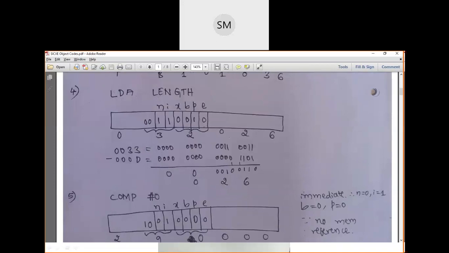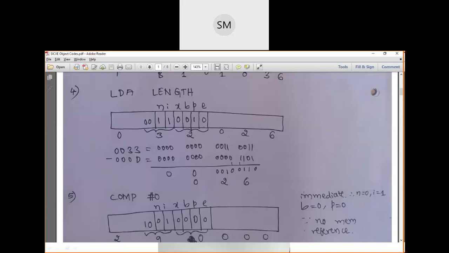Find out the LDA opcode, which is 00, and I have written it here. And the n, i, x, b, p, e bits you should fix here. So n is 1, i is also 1, then x is 0, b is also 0, p is 1, e is 0. The address of LENGTH is 0033, and the address of the next instruction to be executed is COMP, which is stored at address 000D.